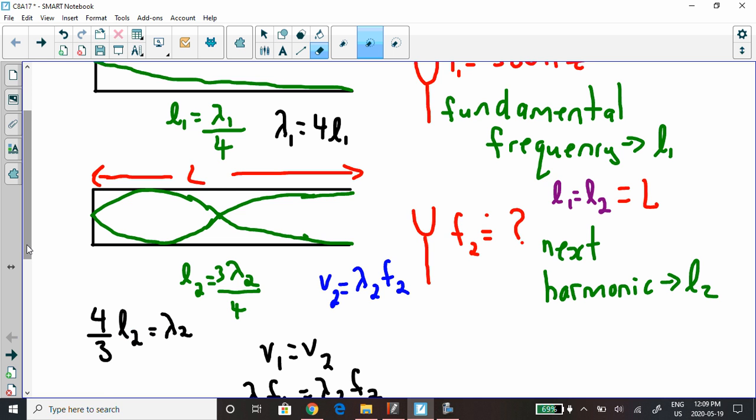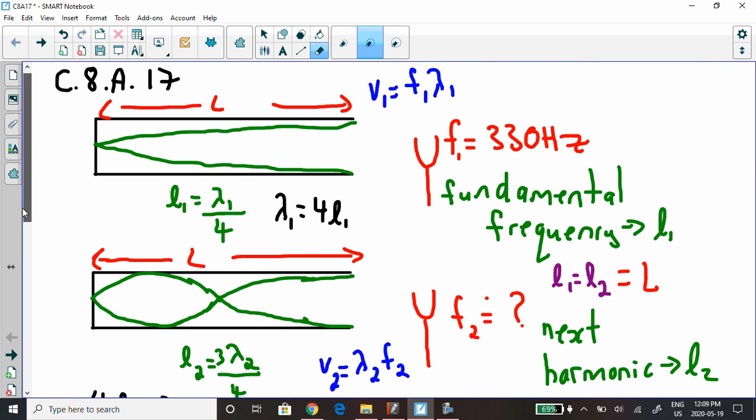What else do we know? The universal wave equation applies to both situations. The velocity of the first sound wave is equal to the frequency of the first sound wave times the wavelength of the first sound wave. The same is true here: the velocity of the second sound wave is equal to the wavelength of the second wave times the frequency of the second wave.